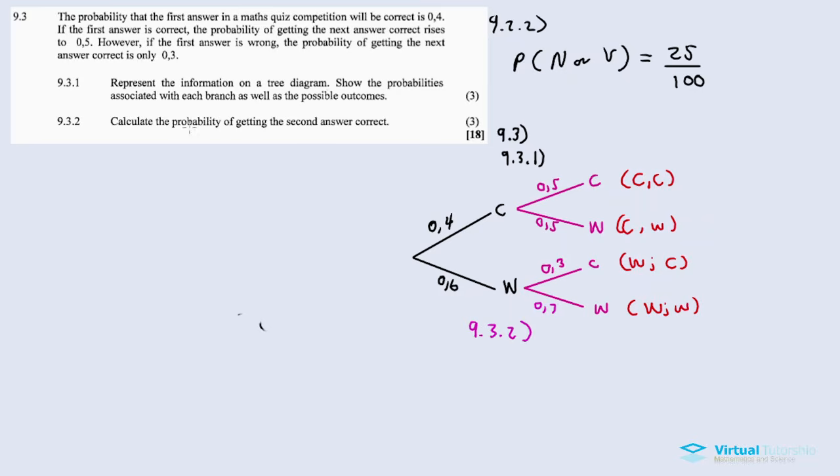9.3.2: calculate the probability of getting the second answer correct, right? Where are the instances where I will get the second answer correct? It's this one as well as this one. Second answer correct, second answer correct. These two, this one and this one, we cannot use because the second answer is wrong. But the question says calculate the probability of getting the second answer correct.